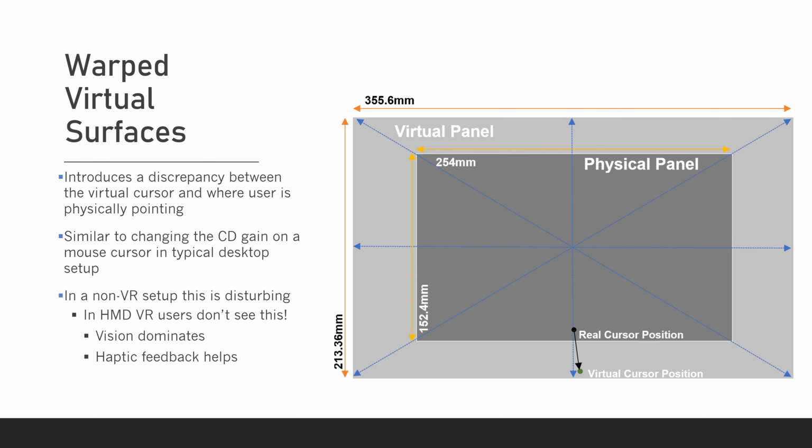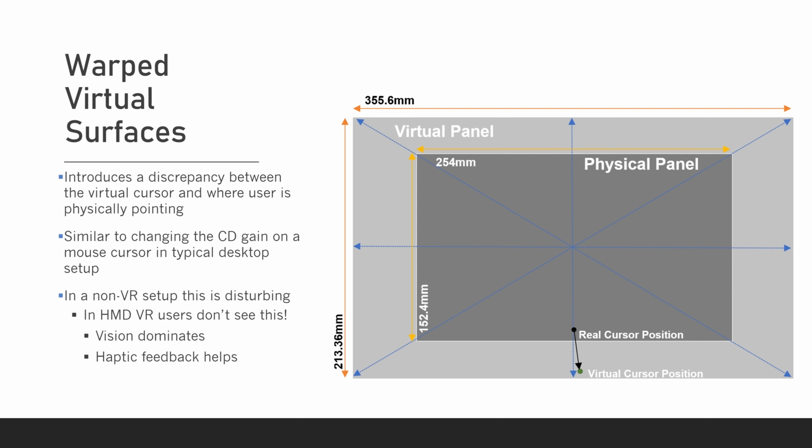To summarize, warped virtual surfaces introduces a discrepancy between the virtual cursor shown to the user and where the user is physically pointing. With our current warping technique and the warping origin at the center, this will result in the real cursor falling behind the virtual cursor.